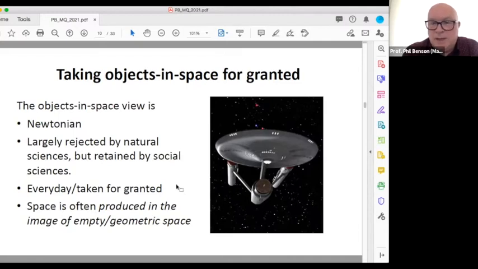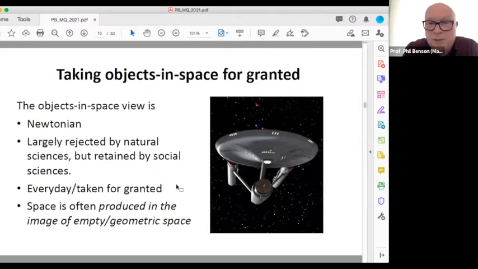And it's actually quite difficult to think one's way out of that perspective in certain respects. So the objects in space view is Newtonian, essentially. It's usually associated with Sir Isaac Newton and his theories of dynamics, which posited an empty space, the real existence of empty space.